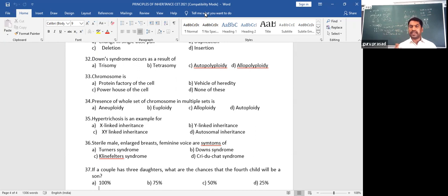So the short arm is completely deleted. At that time, this disease is called Cri-du-chat syndrome, a French name meaning cry like a cat, due to which the trachea will not properly form, and when the child cries, it seems like a cat.